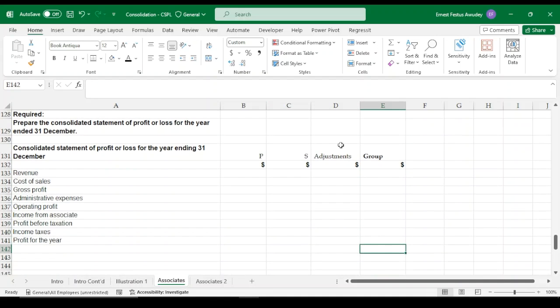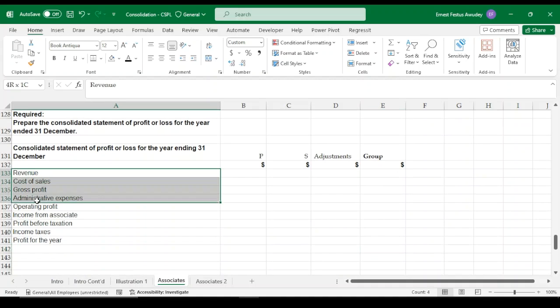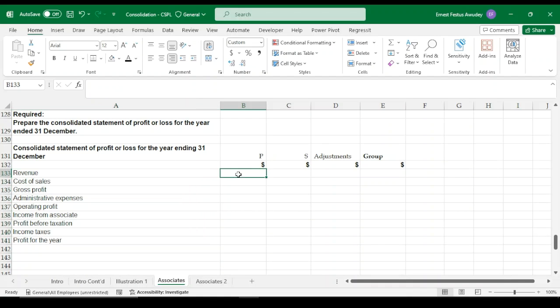So I already have a pro forma statement here. Unlike the consolidated statement of financial position where we do a lot of workings before inserting the figures, this one we are going to input the figures line by line.